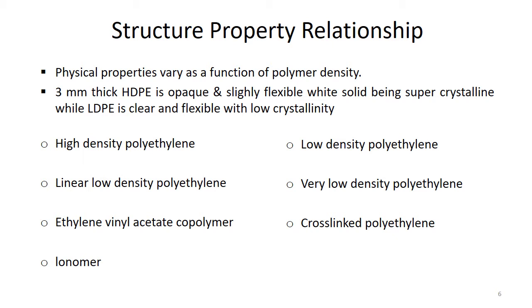In its lowest crystalline form, when we compare this to low density polyethylene, it is clear and flexible, with very low density. The forms of polyethylene that are made entirely from hydrocarbons, that is, the ones with no oxygenated branches, have very little dipole moment and are thus largely chemically inert.